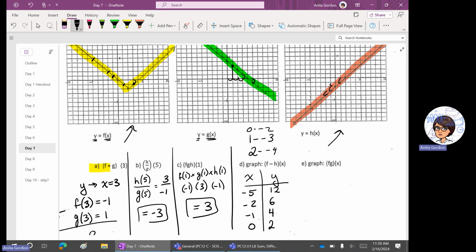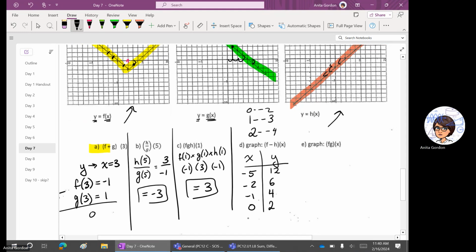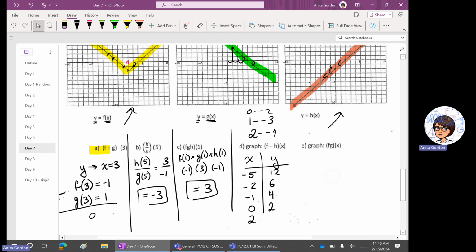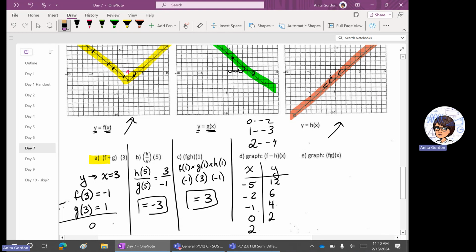And where does F switch directions? F switches directions at +2. So let's make that our new point here. +2. That's going to say, okay, what is it at +2? F at +2 is -2 minus, and this at +2 is 0. So this is -2.